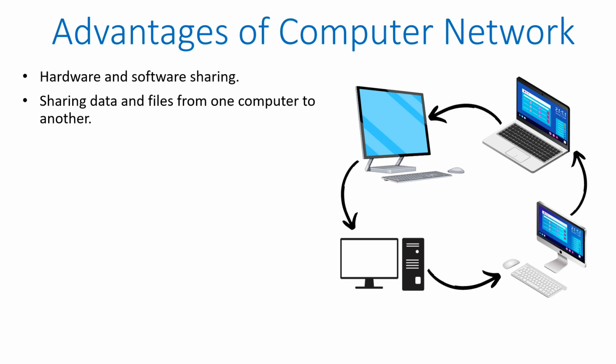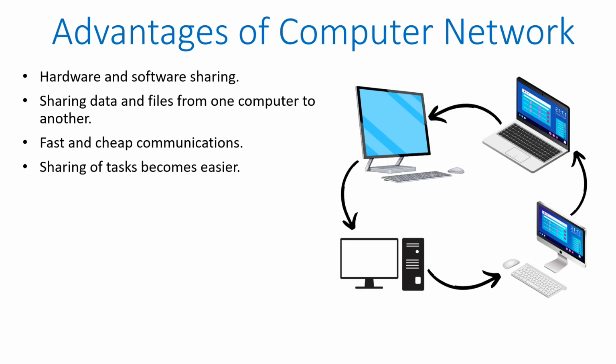And the next one is fast and cheap communications. Communication can be done at low cost within the computer network, and the data can also be transferred with high speed. Similarly, sharing of tasks becomes easier. A single task can be easily shared among people with the help of computer network.